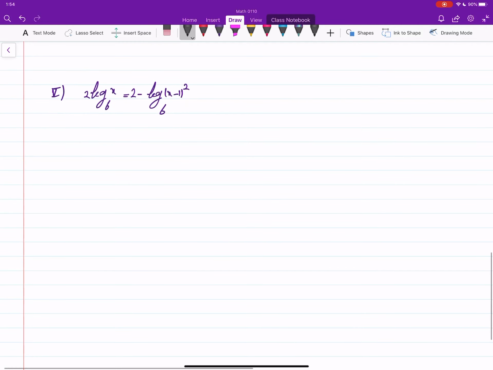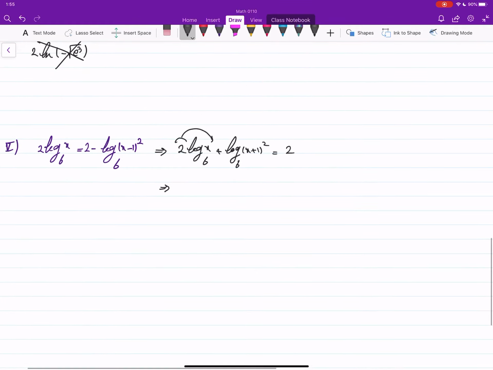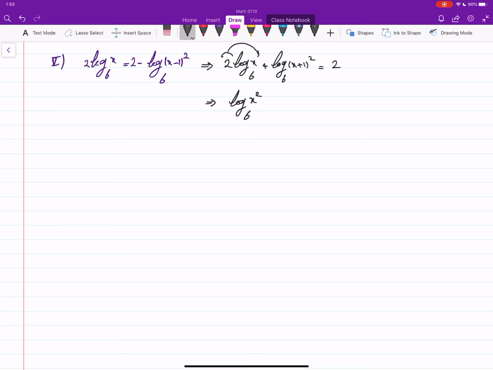And let's do the last one. Okay, gather all the terms one side, log terms one side. And okay. Then use all the properties of log. You see this 2 goes up there, so log of x squared base 6 plus log of x plus 1 squared base 6 is equal to 2.